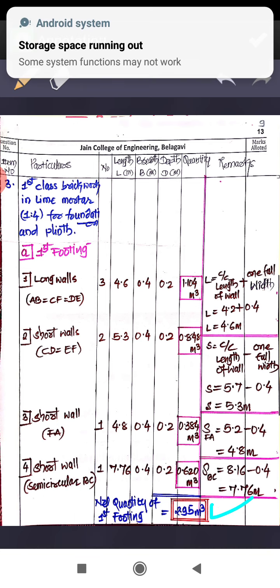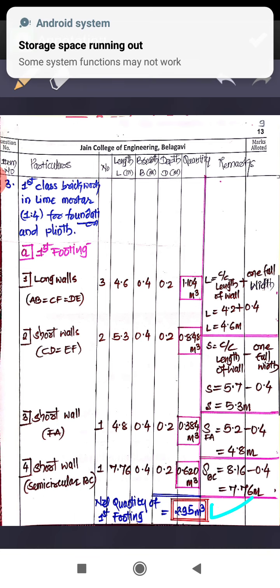Now if you see how I got this 5.4, that calculation I have shown here, because it is a short wall, you'll be having center to center 5.7 minus 0.3, then you'll be having 5.4. Now coming to the next short wall, that is FA, you are having only one number of that. Then the length is 4.9, that is 5.2 minus 0.3, so it is 4.9. 4.9 into 0.3 into 0.9, so you'll be having the quantity of 1.323 meter cube.